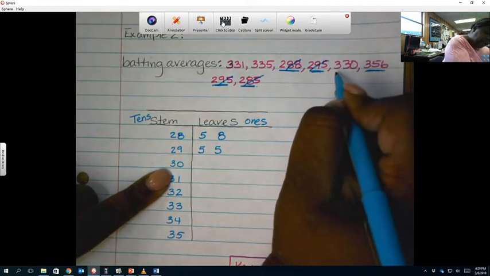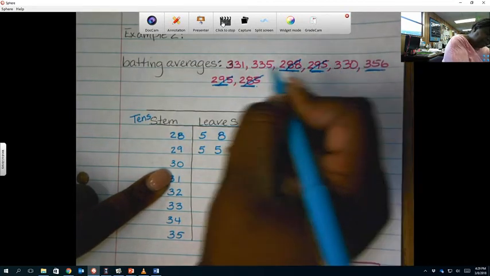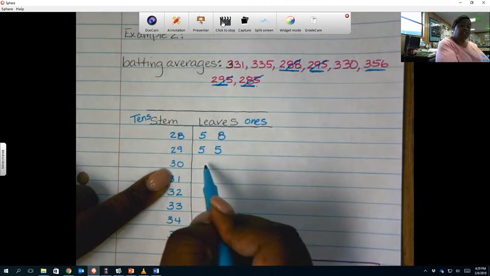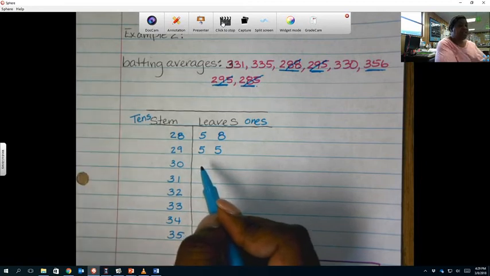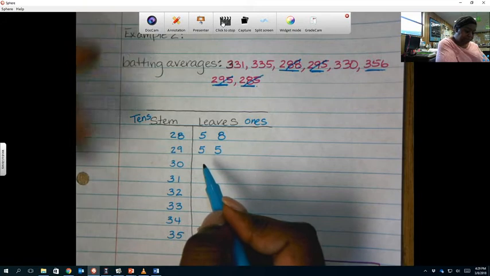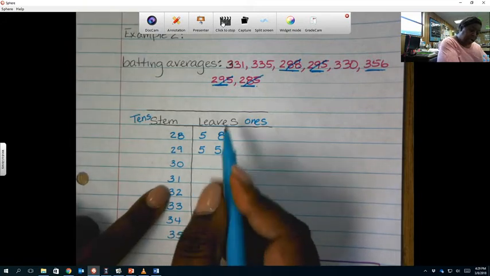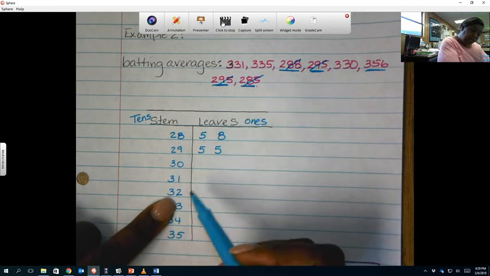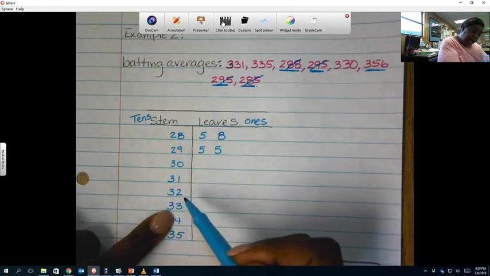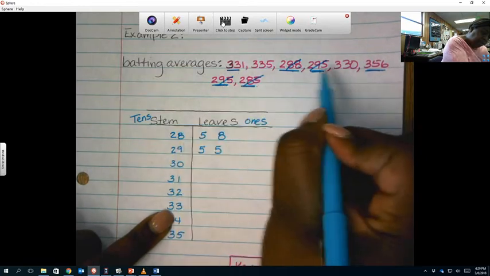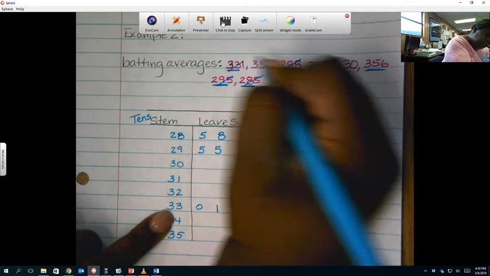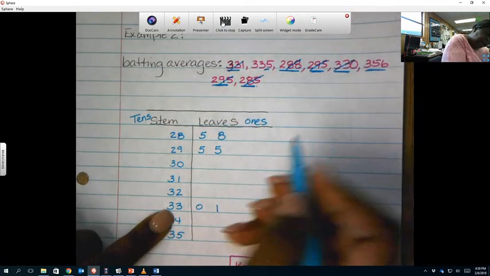I have a 330. Well, I don't have any 300s actually, so because I don't have any, I'm not going to put anything. You don't even put a 0, because that would mean you'd have 300, and I don't even have that. I'm going to go to 31. I don't have any 31 tens. I have no 32 tens. I have 33 tens: a 0 and a 1 and a 5.